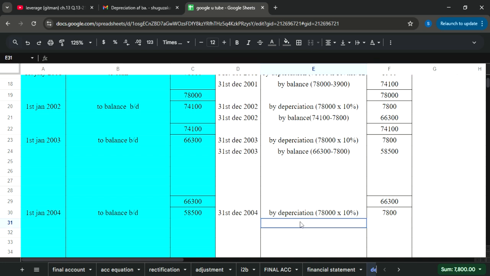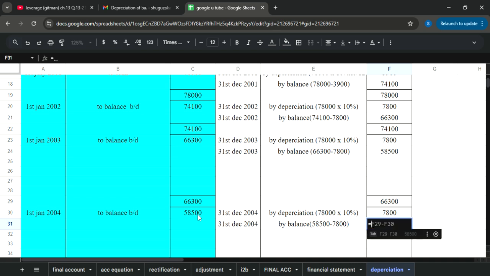At the same time, now you will be calculating your balance. And how will you calculate? By subtracting the amount of depreciation from the value of asset. 58500 minus 7800 was the value of asset.